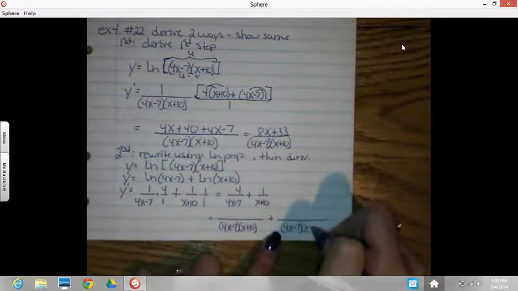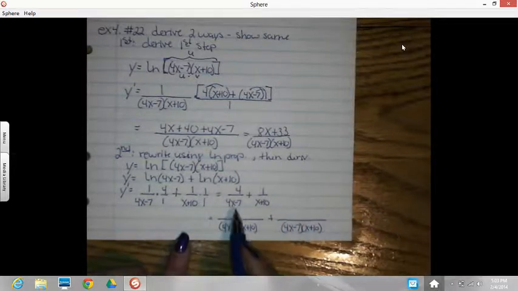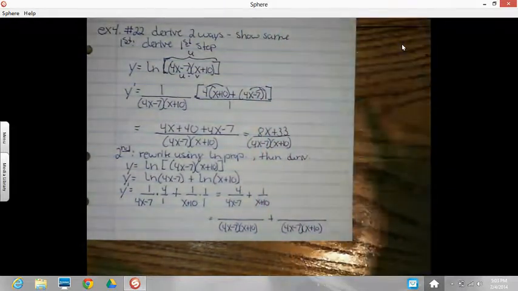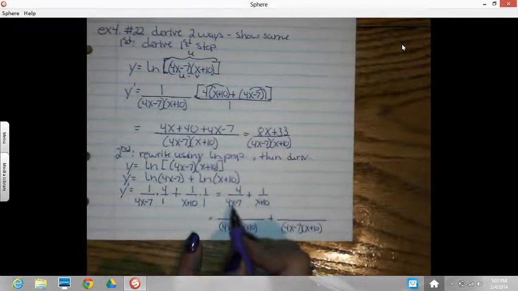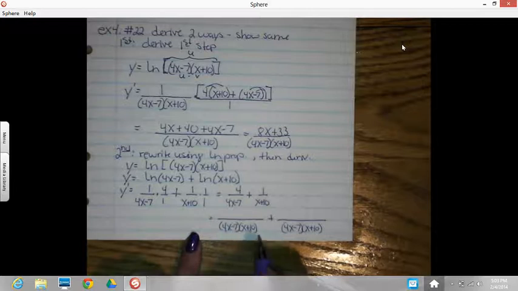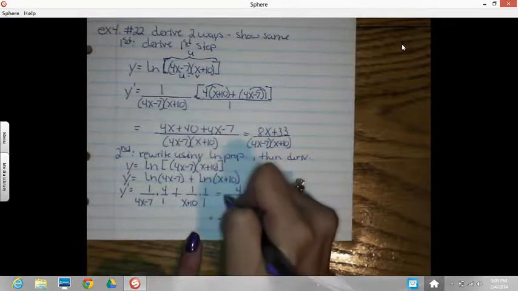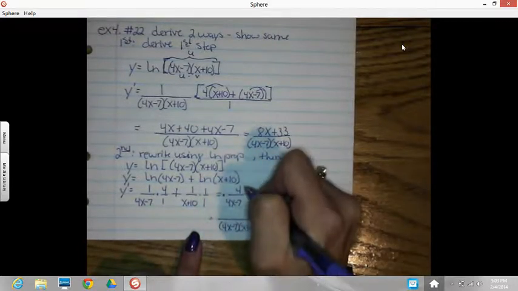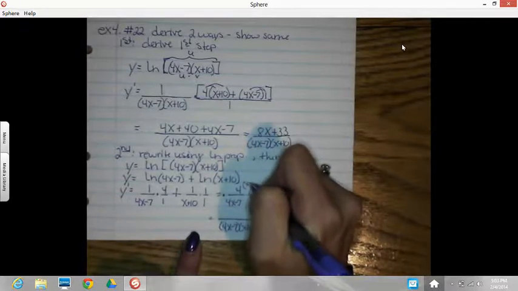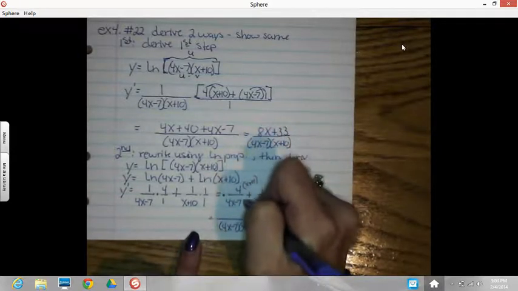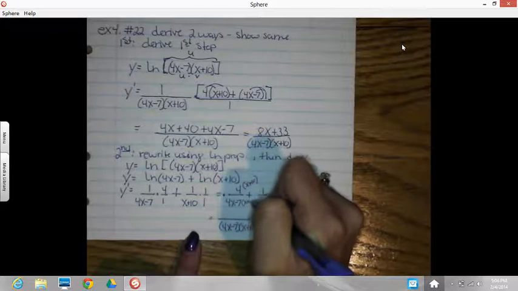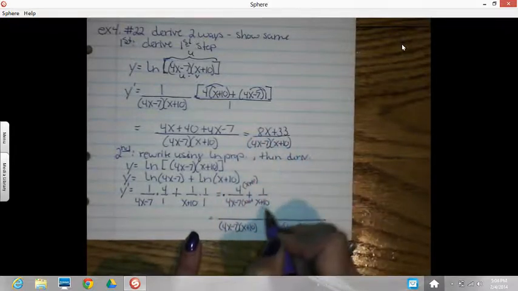Okay, to change the denominator, I got to hit it with a 1. I don't get to change the fraction. All I can do is multiply by 1. So this one, I had the 4x minus 7. I multiplied by the x plus 10. So what I actually need to do is also multiply the top by x plus 10 because I multiplied the bottom by x plus 10. This one, I had the x plus 10.